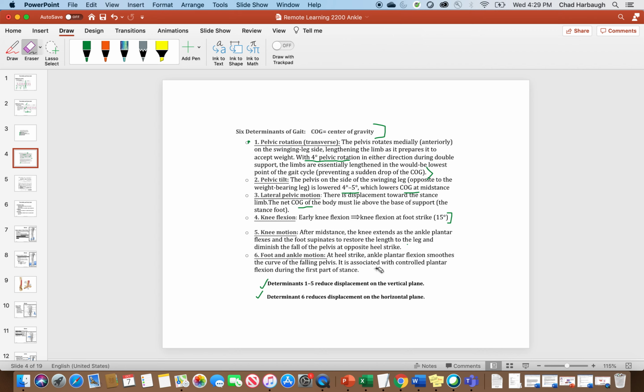So it's basically maintaining the position of the pelvis, and it's associated with controlling plantar flexion during the first part of the stance phase. And again, plantar flexion is extremely important when we look at it as a determinant for supination.